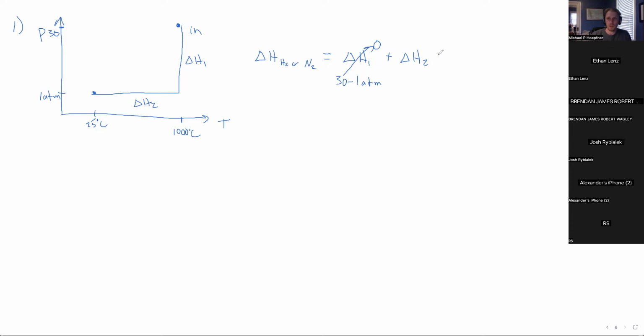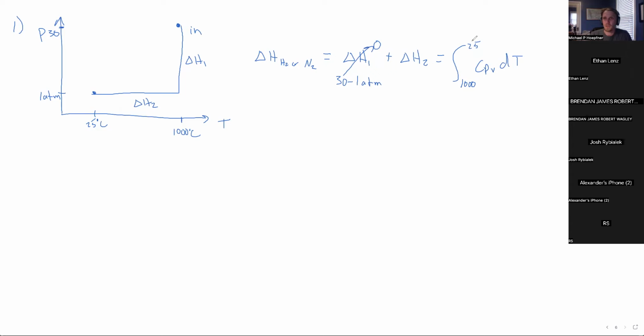So for enthalpy 2, we're going to integrate from 1000 to 25 the heat capacity of the vapor dT. So we've gone from our inlet conditions down to our state. Now you'll notice that these two signs are flipped.